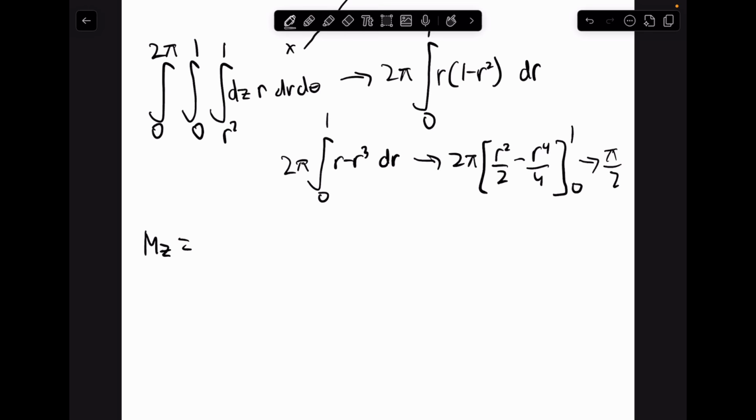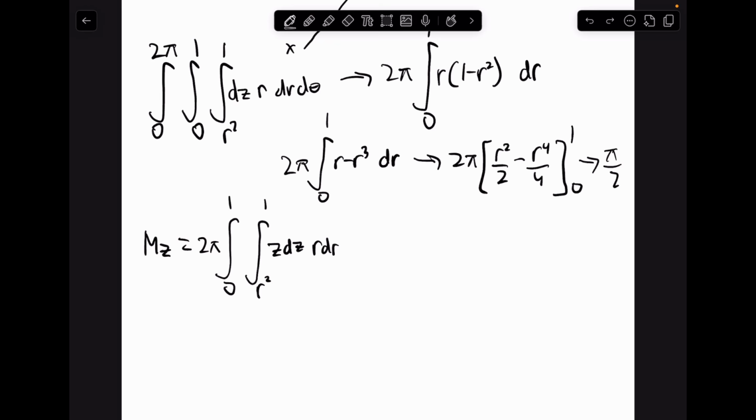Okay, so again, the theta is not going to change, so I'm just going to take it out from the beginning. 0 to 1, and then r squared to 1. Now we have z dz, r dr, no d theta. Okay, cool. So now it becomes a tiny bit trickier because we actually have to integrate the z.